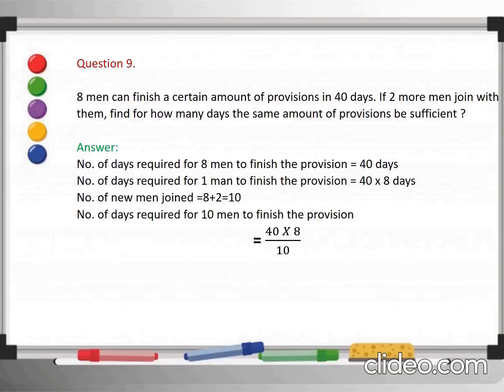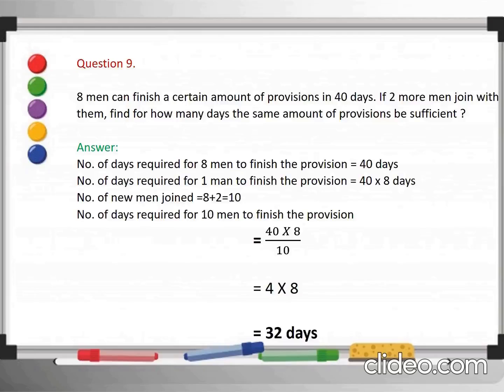So 10 fours are 40, 10 ones are 10, which equals 4 into 8. 4 into 8 is 32 days. Therefore, number of days required for 10 men to finish the provision equals 32 days.